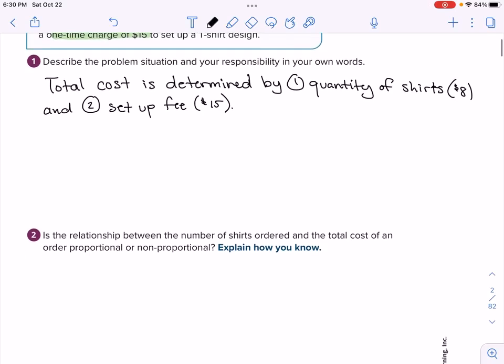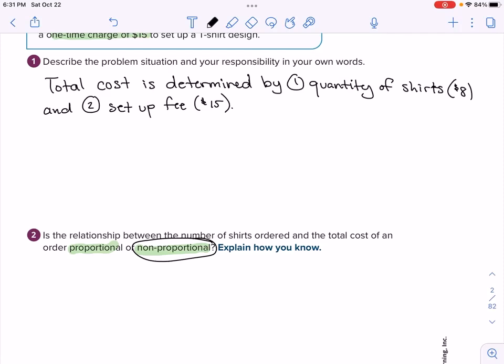Number 2, is the relationship between the number of shirts ordered and the total cost of an order proportional or non-proportional? Now, the way you can determine that is proportional means that it goes through the origin, so it's 0, 0. What this means is if you purchase 0 shirts, you would pay $0. Now, that's actually not the case for this, because this is, I'll actually circle it, non-proportional.